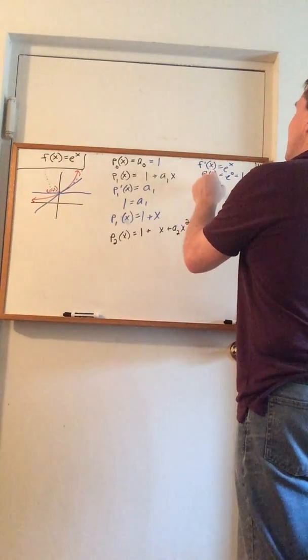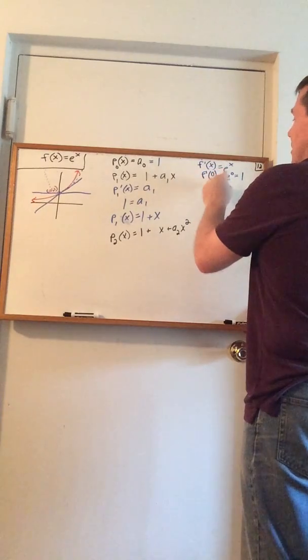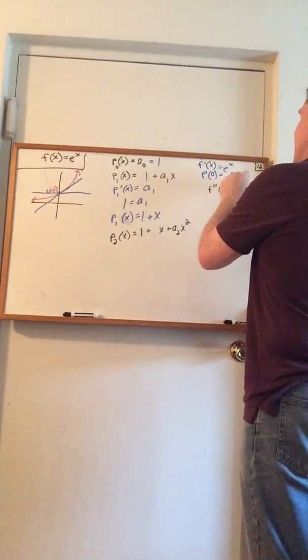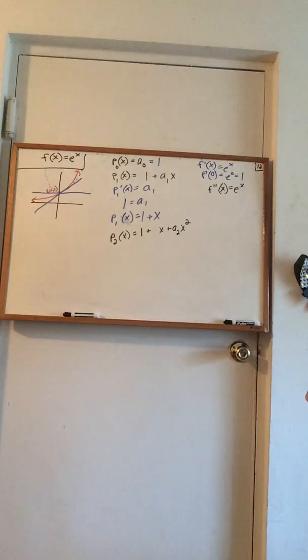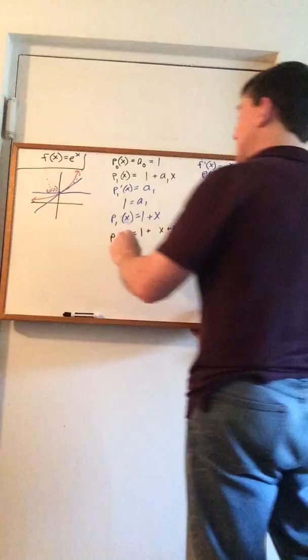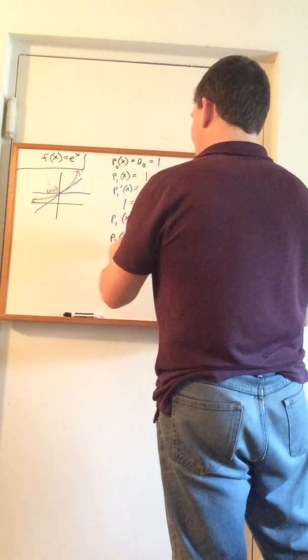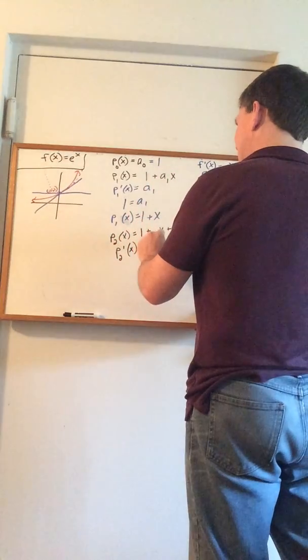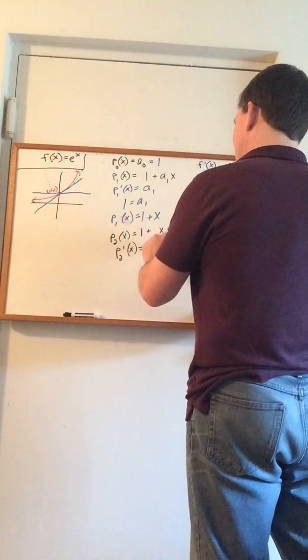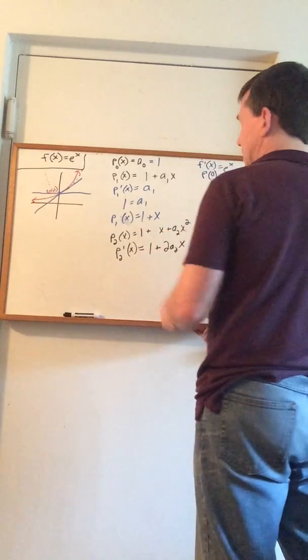So let's see. The second derivative over here of e to the x is still going to be e to the x. Over here, if I take the second derivative, let's see, p sub 2 prime of x, that goes away, that becomes 1. Bring down the 2, that's 2a sub 2 x.